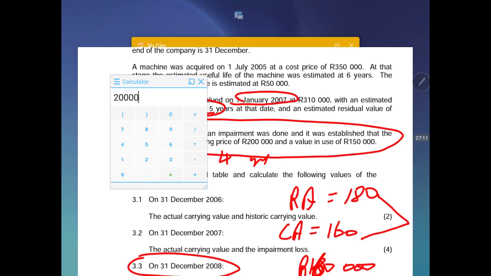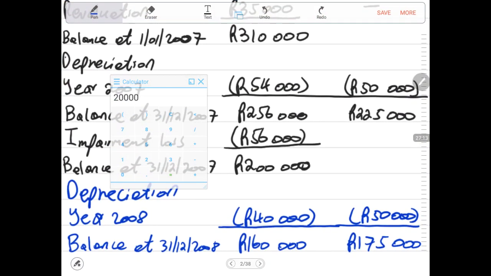So now we can't make a reversal of a total of 20,000, because if we add 20,000 here, it will be 180,000, which makes it more than 175,000, and we need to keep our reversal not to exceed the 175,000 of the carrying amount in the actual column.